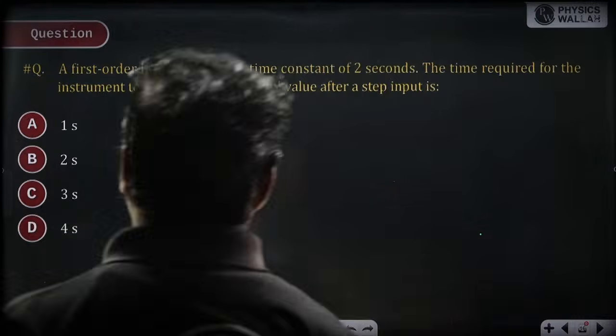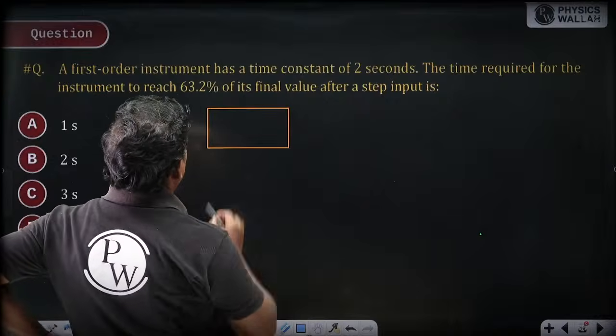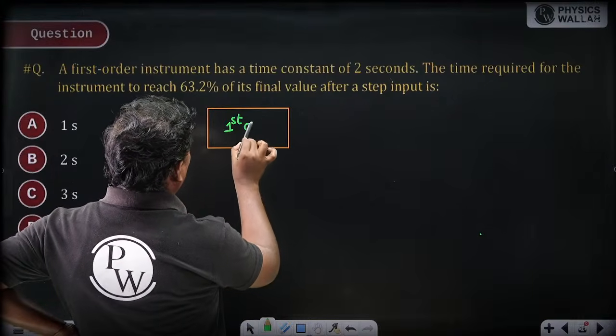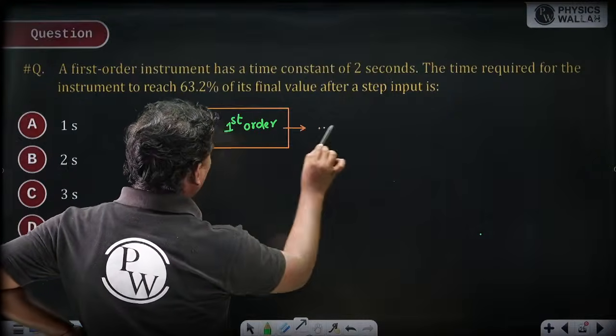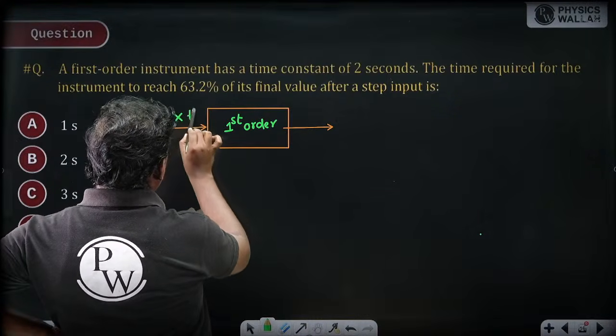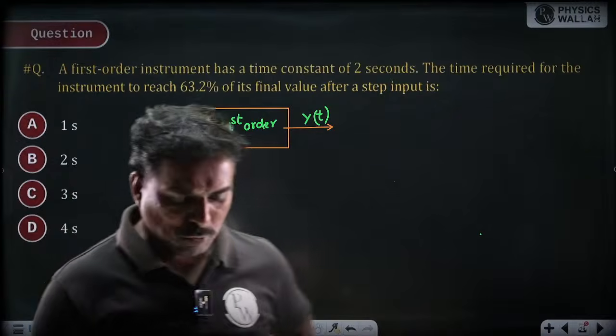Anybody can answer this? This is a first order instrument. You are giving the x of t and we are going to get the y of t. For the first order instrument, what is the response equation?